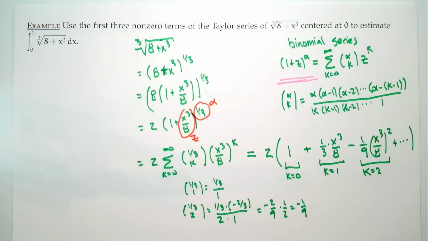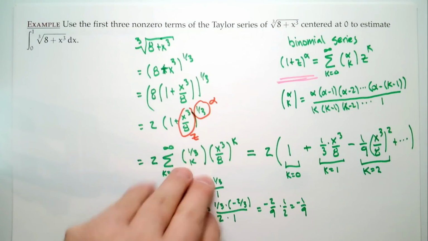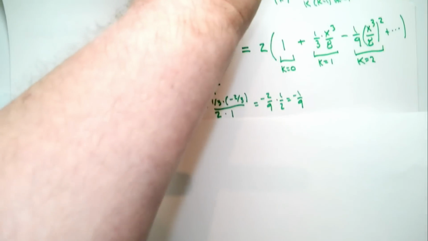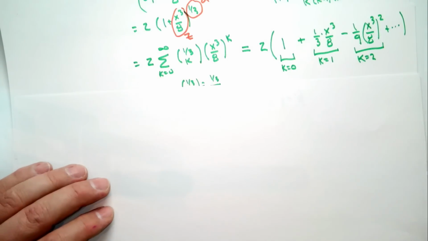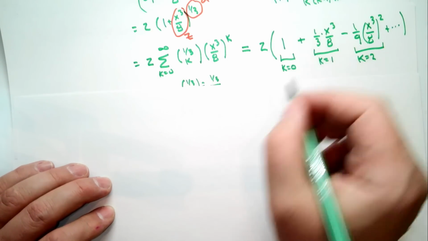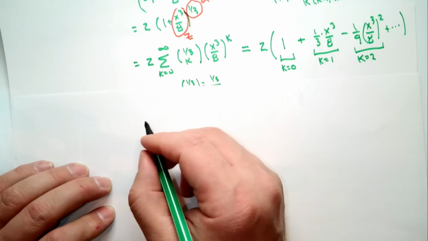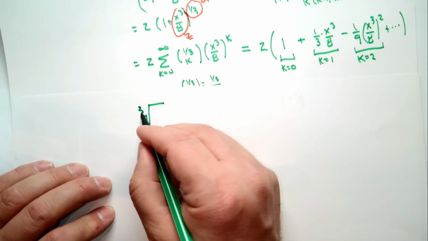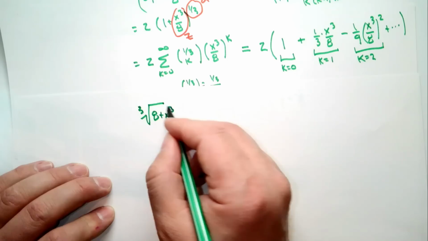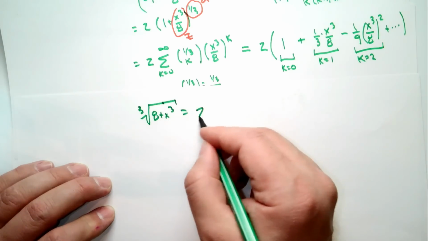We're almost to the point where we're ready to actually do what we were asked. So let's see where we're at. If I multiply the 2 through, we have the cubed root of 8 plus x cubed is 2.